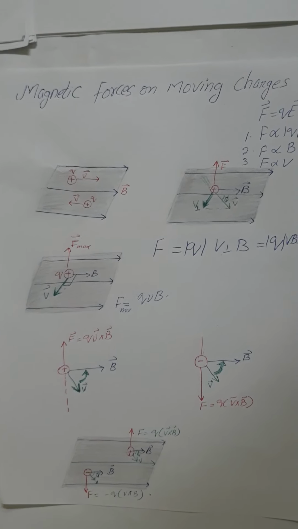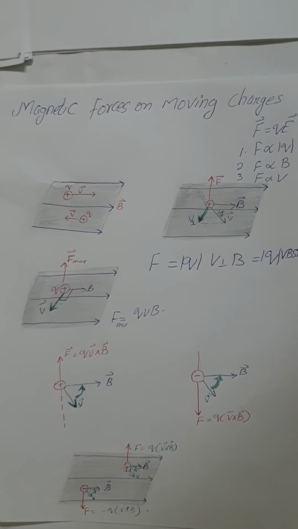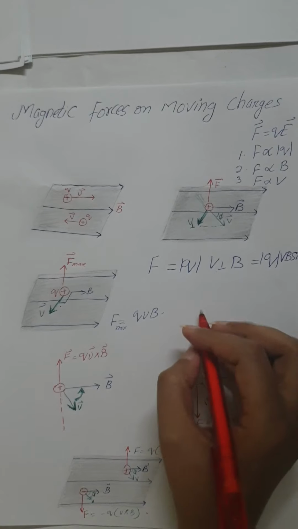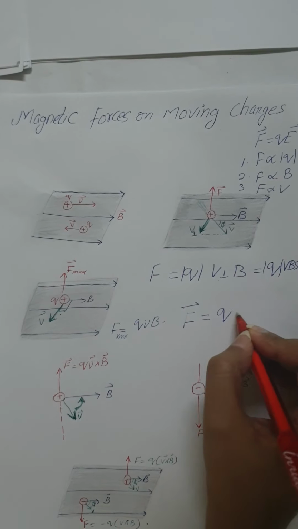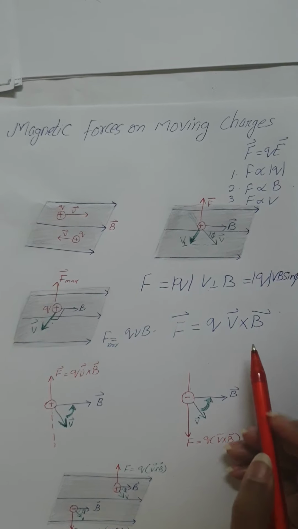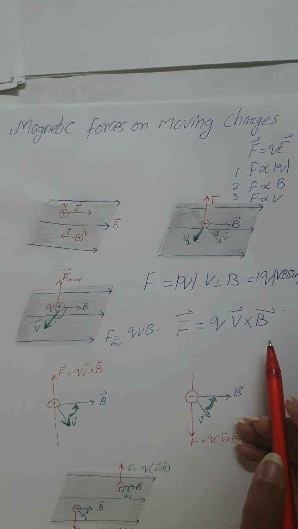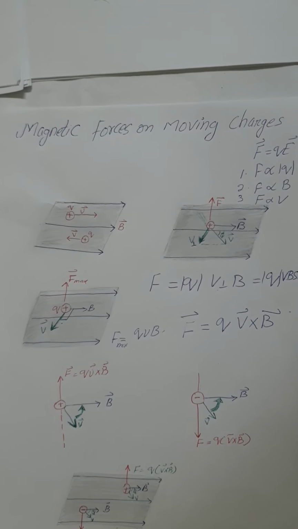So the force on a charge q moving with velocity v in a magnetic field is given by F is equal to q v cross B, the magnetic force on a moving charged particle.